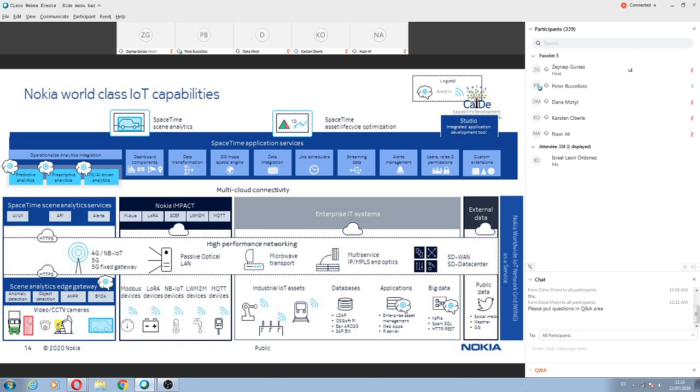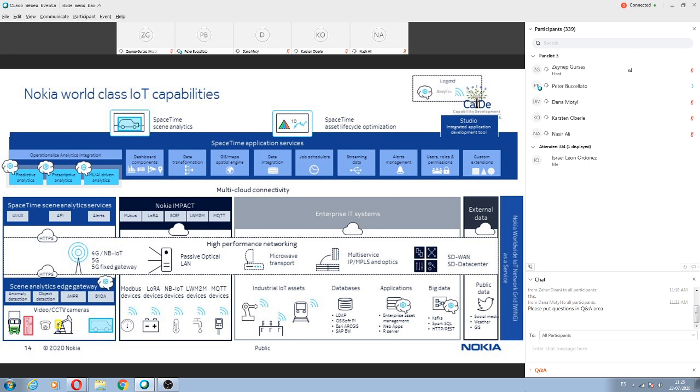We also can interface with external sensors to provide a more robust event notification and more robust data around those events. Then that information is sent to the Scene Analytics server, which is responsible for the API layer. It's responsible for the user interface from both an operator perspective and administrative perspective.